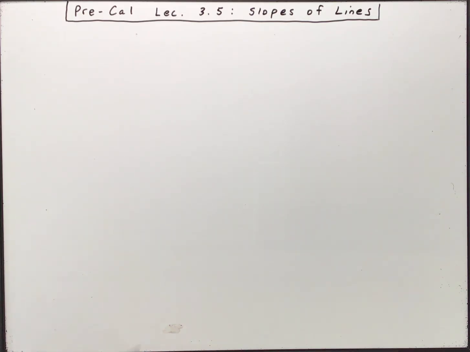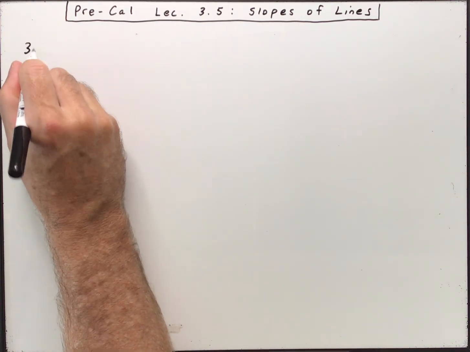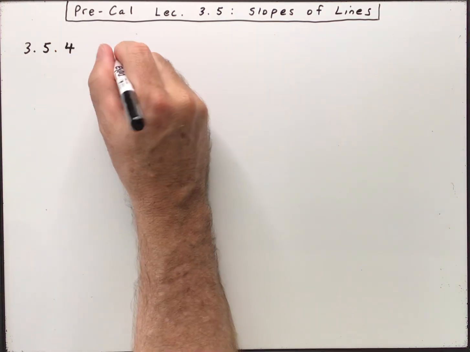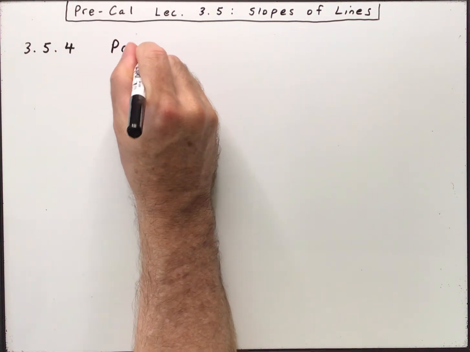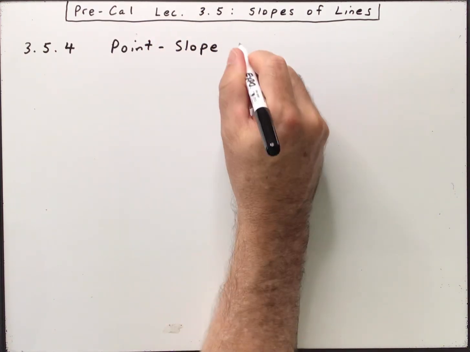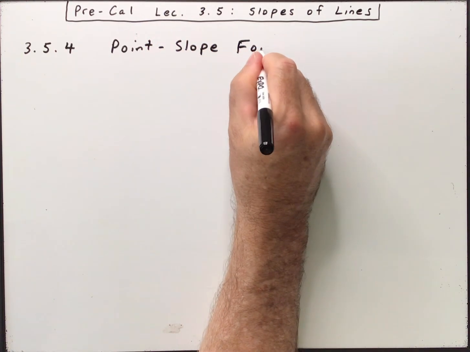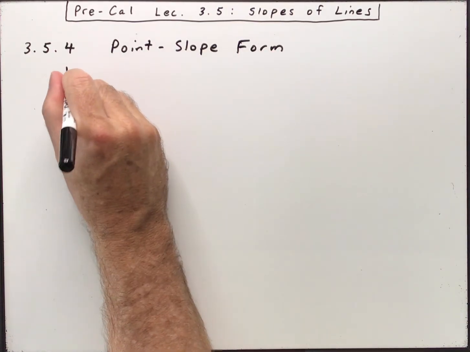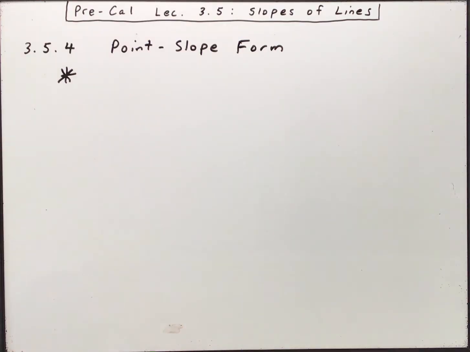Okay, finally, super important form of a line, form of the equation, is the point-slope form. So this kind of stuff is useful all the way up through calculus. So you've got to memorize it just like the slope-intercept form.